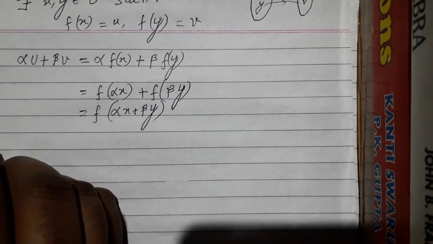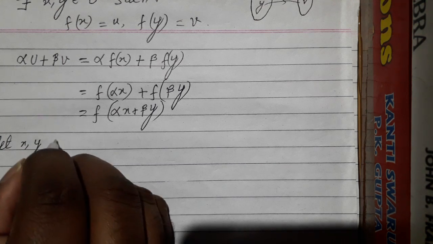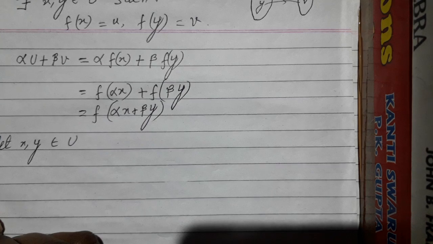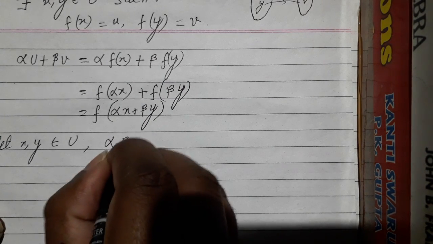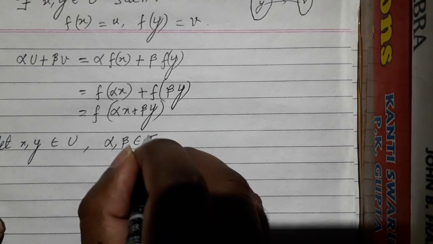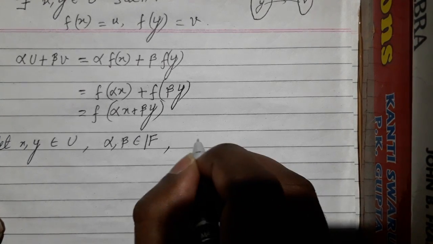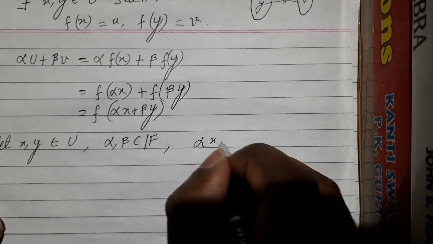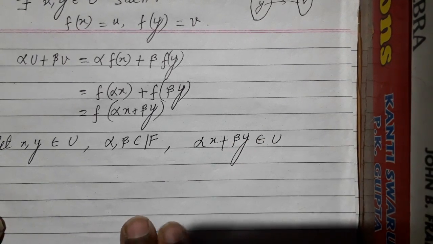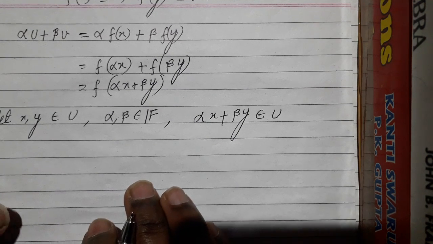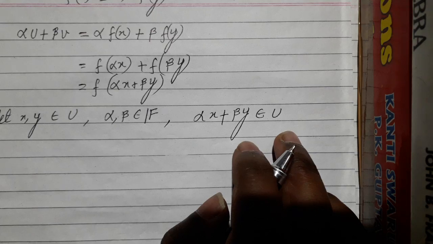Now x and y are in U, and alpha, beta are in F. Since U is a vector space over the field F, alpha x plus beta y will belong to U.